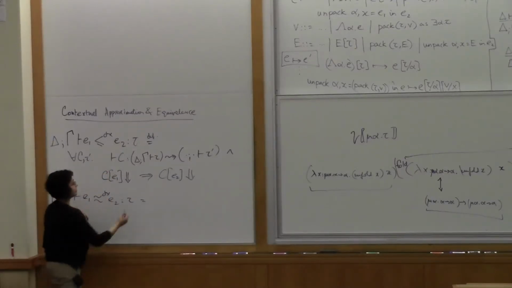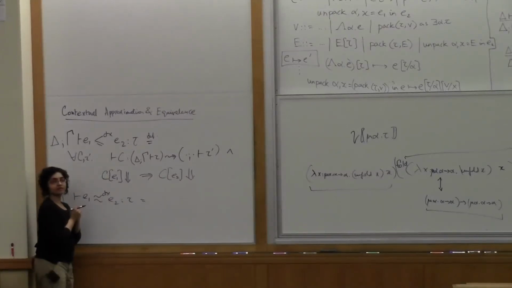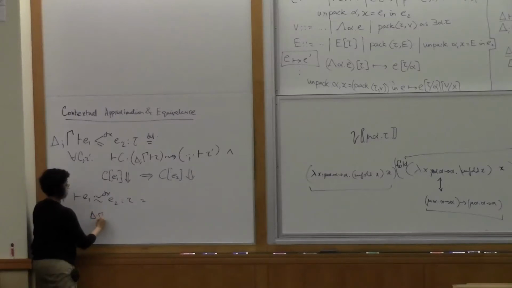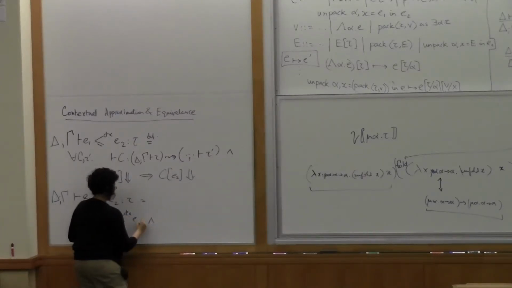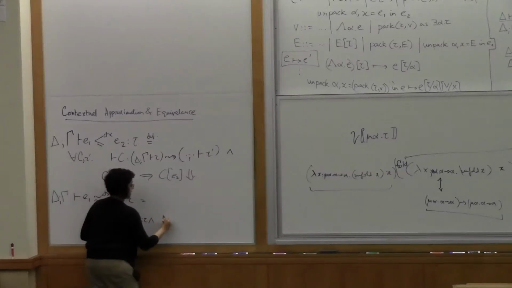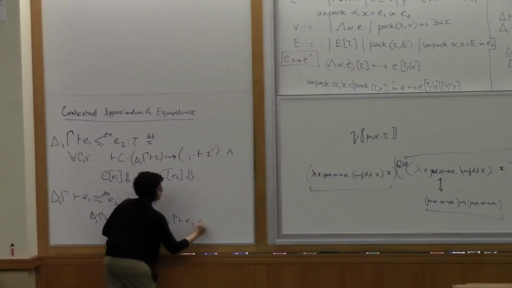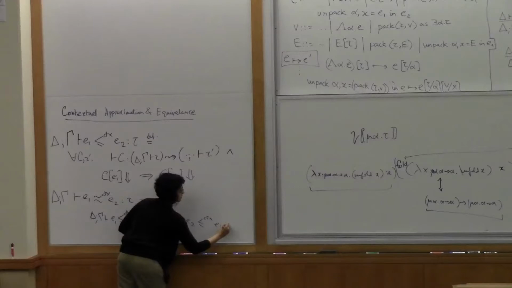Okay? Yesterday, equivalence was in both directions. So equivalence is just obviously then contextual approximation in both directions, right? E1 is contextually equivalent to E2 if E1 contextually approximates E2 at the type tau, and E2 contextually approximates E1 at the type tau.